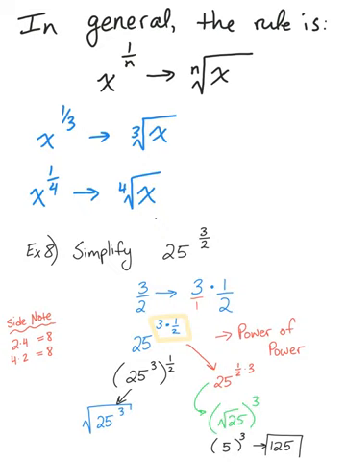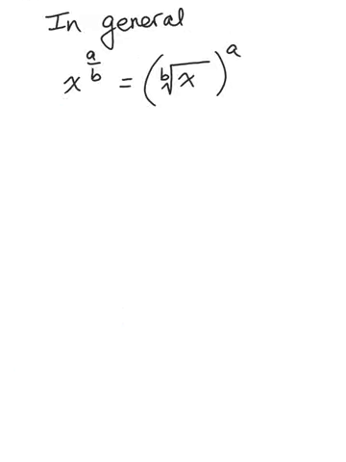So in general, when you have a fraction where there's a top number and a bottom number, we want to write it this way. So this is what our general rule looks like. We have A over B. The top number is an exponent. The bottom number is a root. You could also write it the other way.